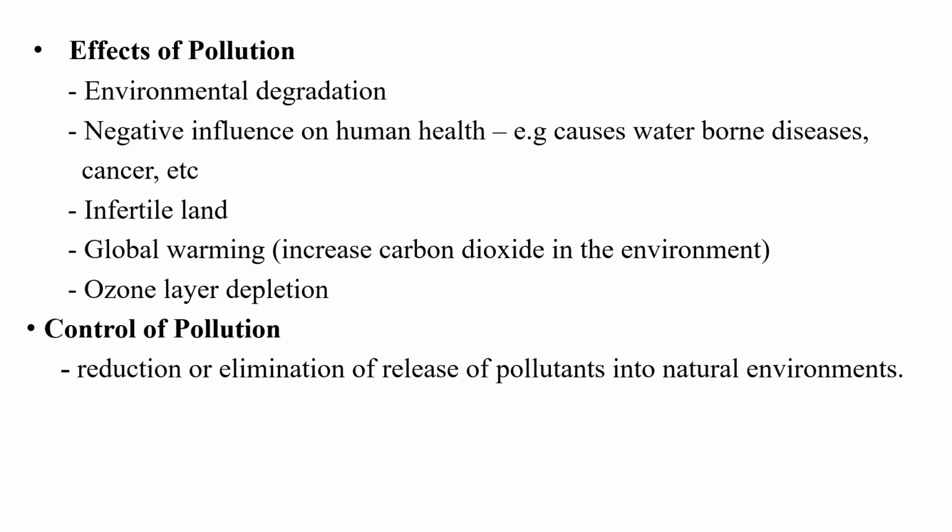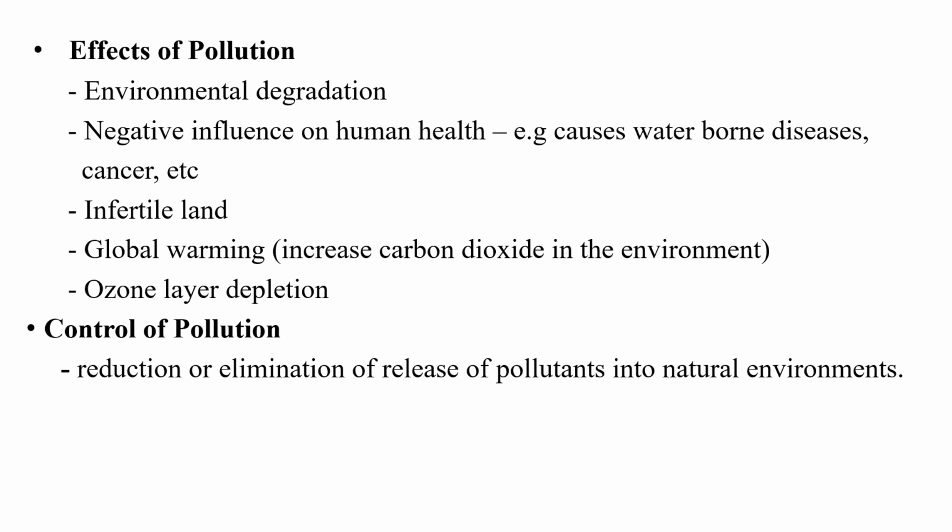If the direct rays reached the earth directly, the heat would be too high, so naturally there is a layer there. But because of our different activities, this layer is becoming depleted. It's being reduced, becoming thinner, making it easier for the rays of light to penetrate.